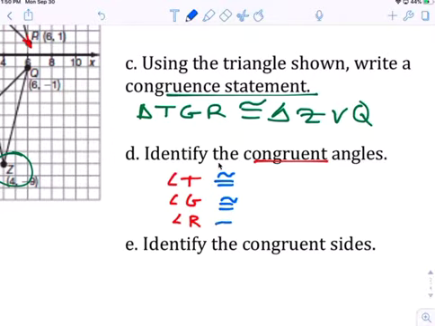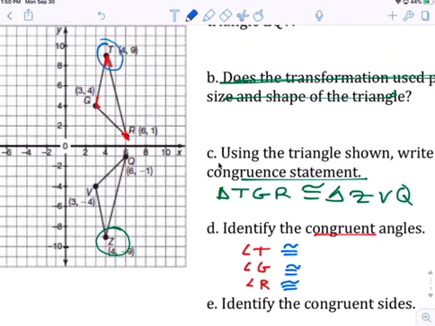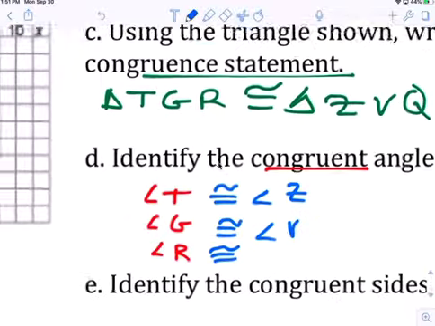Angle T is congruent to angle Z. Congruent means angle G is the same as, congruent to, V. Congruent means same as, and angle R is congruent to angle Q.